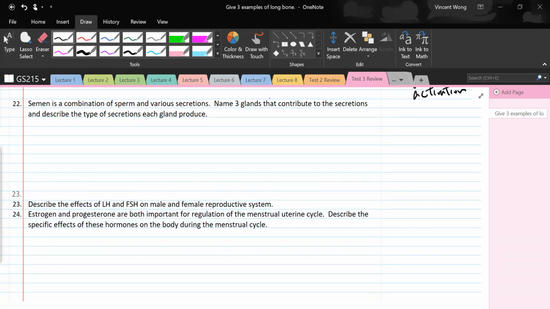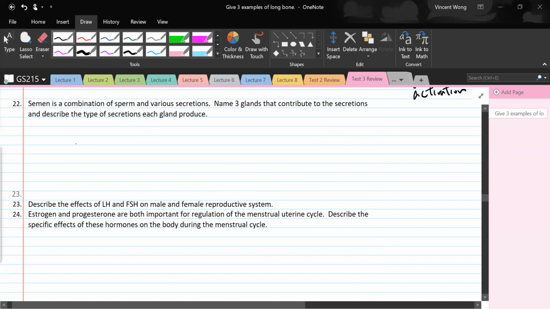Name 3 glands that contribute to the secretion and describe the type of secretion of each gland. Okay, so we have the seminal vesicle. You have 2 of them, and this secretes a fructose-rich alkaline fluid.